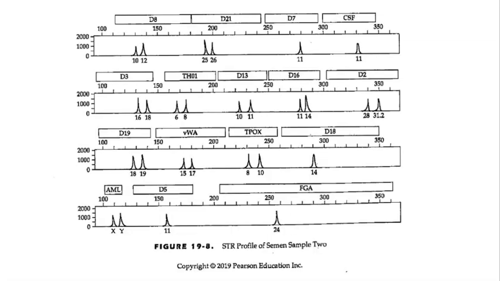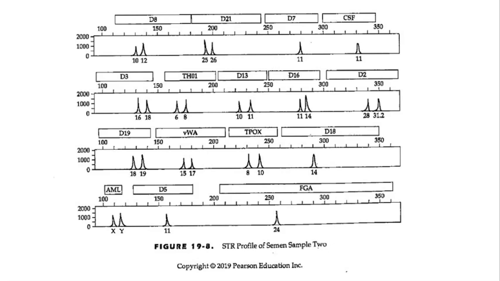Using the numbers of the peaks at each locus, I would ask you to continue filling out the data table using the figures in exercise 4 of the handout until you have completed a profile for the 2 semen samples, the victim, and the 2 suspects. Eventually you will see that one of the suspects has an identical STR profile to one of the semen samples. This is the STR profile of semen sample 2.